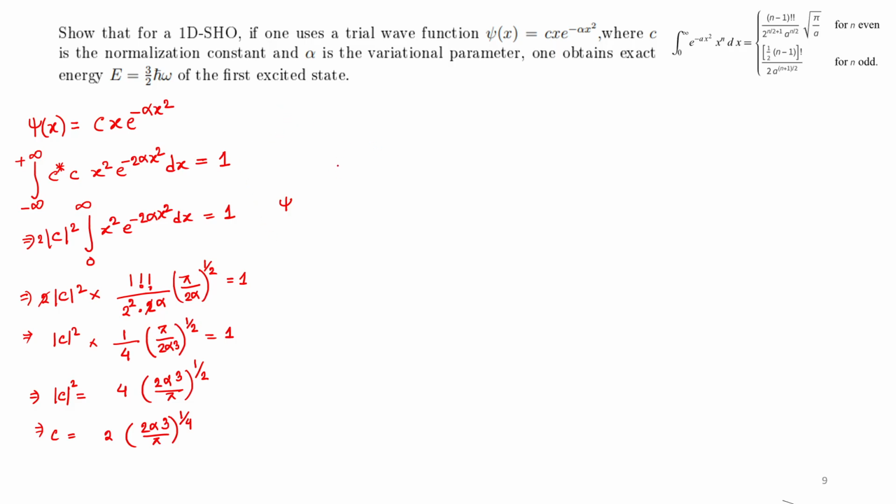So our trial wave function becomes 2 into (2 alpha cube by pi) to the power 1 over 4, x e to the power minus alpha x square. Now obviously we know the Hamiltonian. I will just again write it: minus h cut square by 2m d2 dx2, plus half m omega square x square.